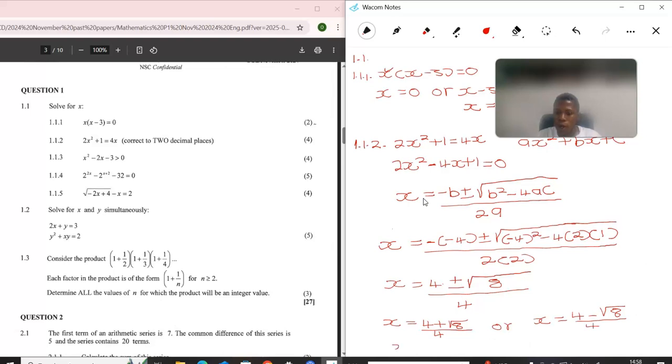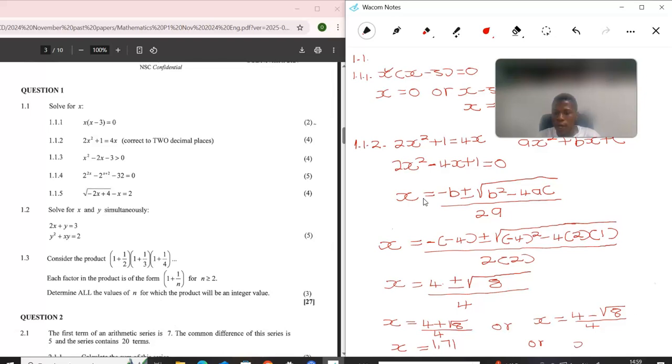Therefore your x will be equal to what? Don't forget that we round it to 2 decimal places. Let me punch my calculator. Root 8. I got positive 1,71, because I rounded it to 2 decimal places.